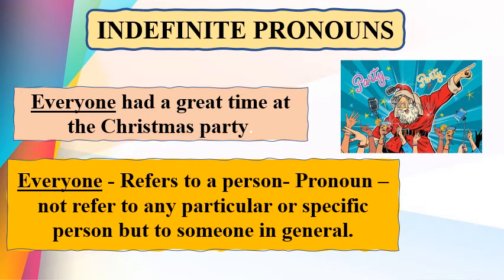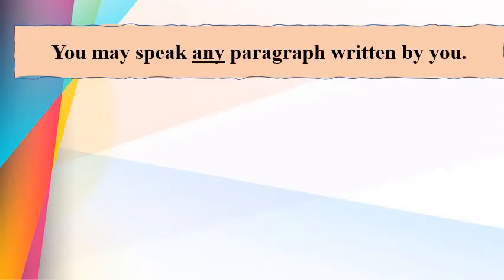So what is an indefinite pronoun? Everyone here refers to a person. Who? We don't know. Here the word everyone is working as a pronoun because it is not referring to any particular or specific person, but to someone in general. You may speak any paragraph or any speech written by you.